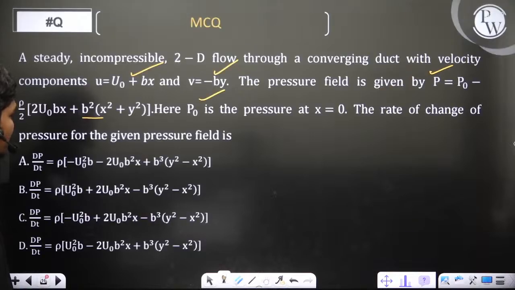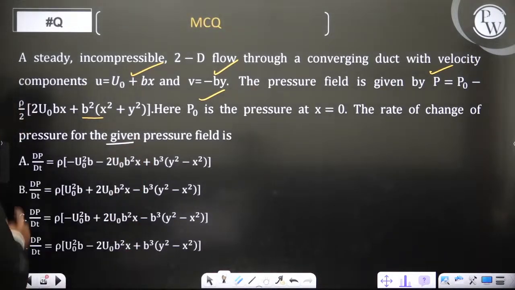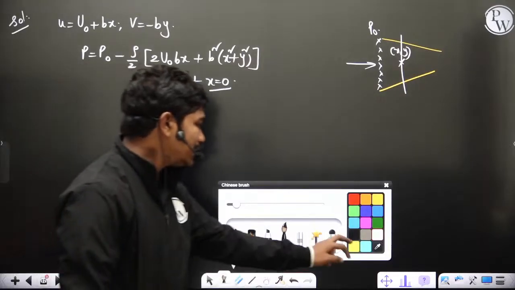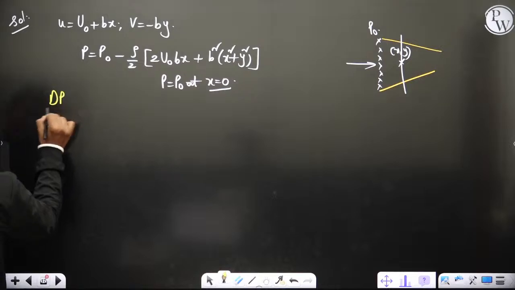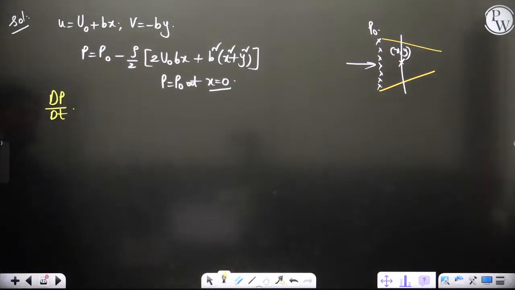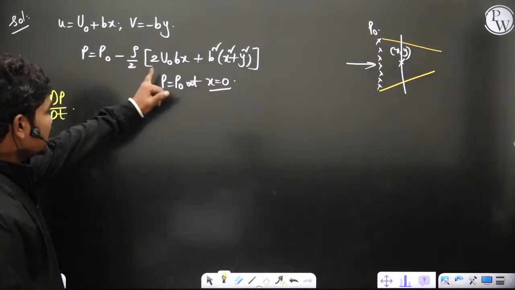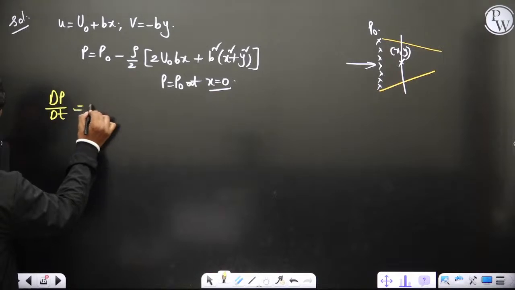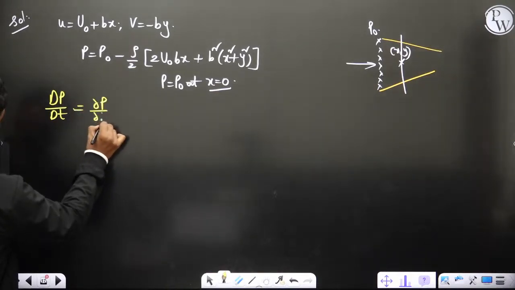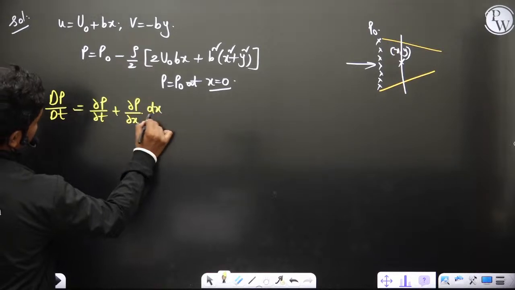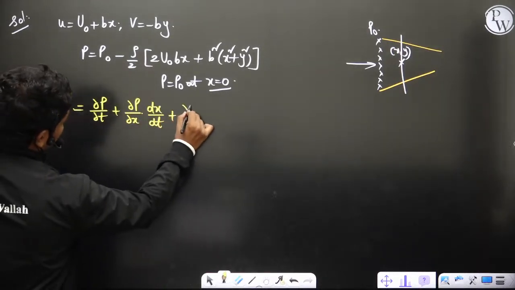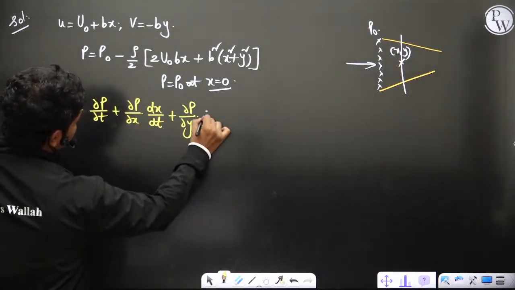Now you can see one thing, the rate of change of pressure for the given pressure field, dP by dt, this is the total derivative actually. So dP by dt is what you have to calculate. This pressure is a function of x, y, z, and if you write the total differentiation, we have dou p by dou t plus dou p by dou x into dx by dt plus dou p by dou y into dy by dt.